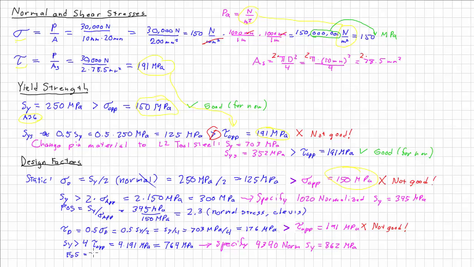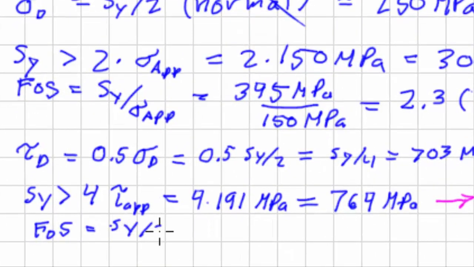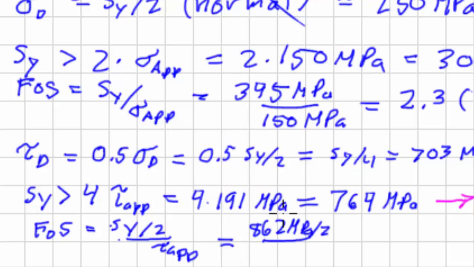So our shear strength, which is going to be Sy over 2 divided by our applied shear stress, is going to be 862 megapascals over 2 divided by 191 megapascals, and that calculation gives us 2.26.